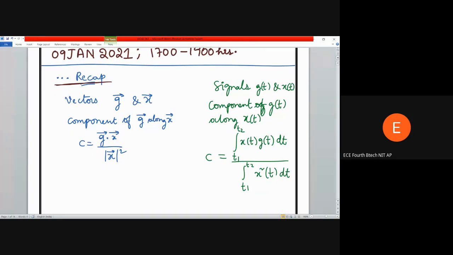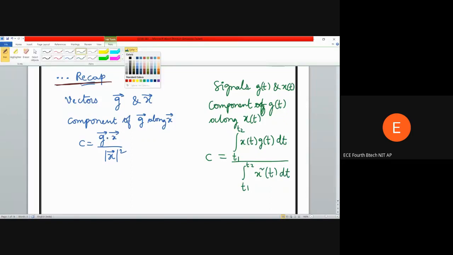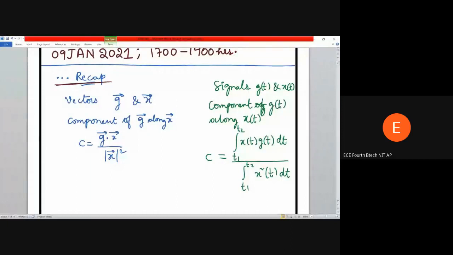Later on, what we have seen is the orthogonality. Usually the term orthogonality we use for signals, orthogonal signals. Otherwise, for vectors it is perpendicular.